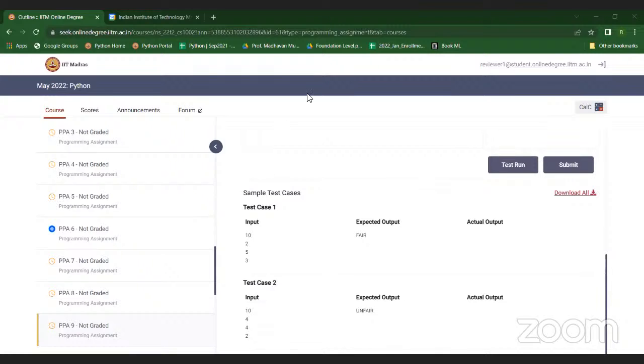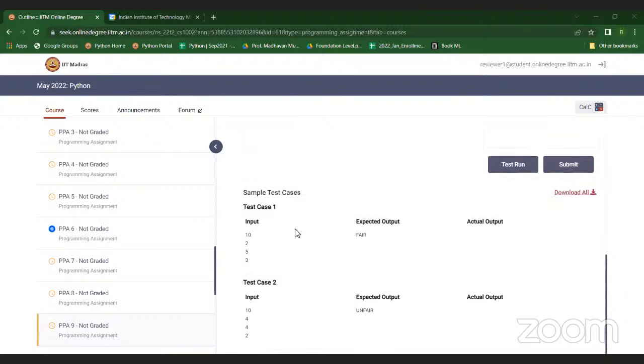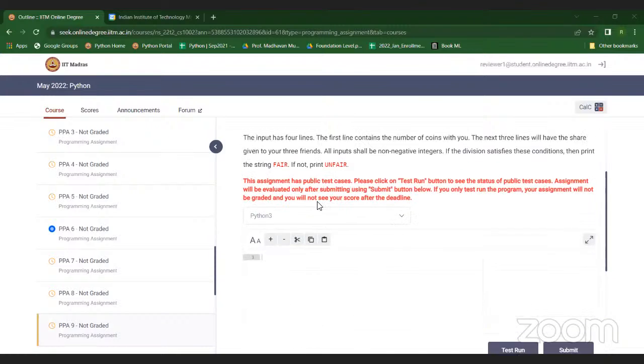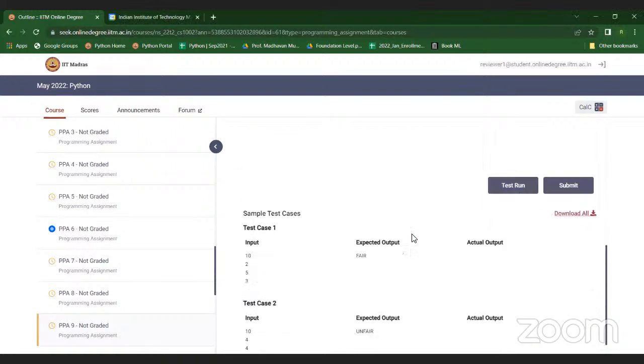It is just the number of coins. The problem statement says it's a non-negative integer, so you just have n gold coins. So 10 is the number of coins that you have.